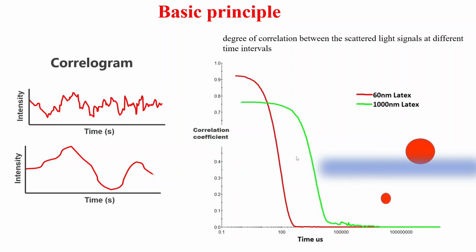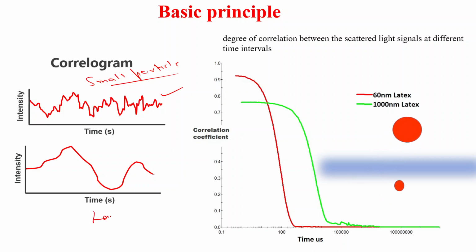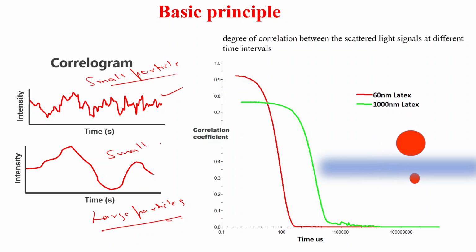The same is shown in this slide. Here we can see the small particle graph. Small particles are causing greater fluctuation in the intensity of the scattered light with respect to time, whereas large particles are showing small or lower fluctuation in the intensity with respect to time.